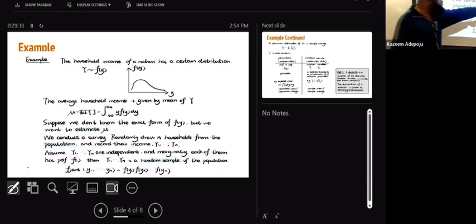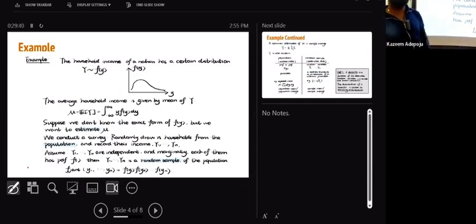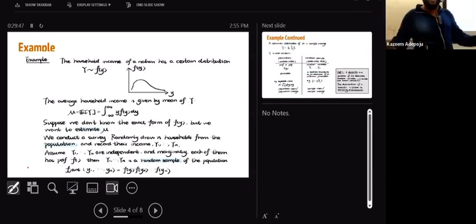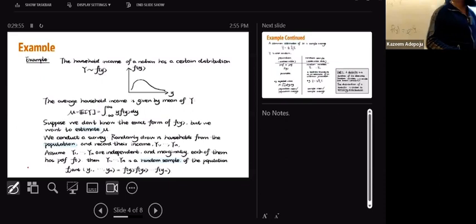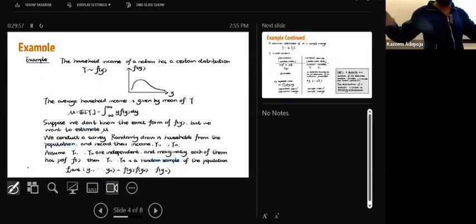Then we randomly draw n households. Randomly. I'm not going to draw my household because it's my household. It has to be random. If I'm doing that in Anoka County, where I live, I have to draw the households giving equal chance, equal probability, to all the households.